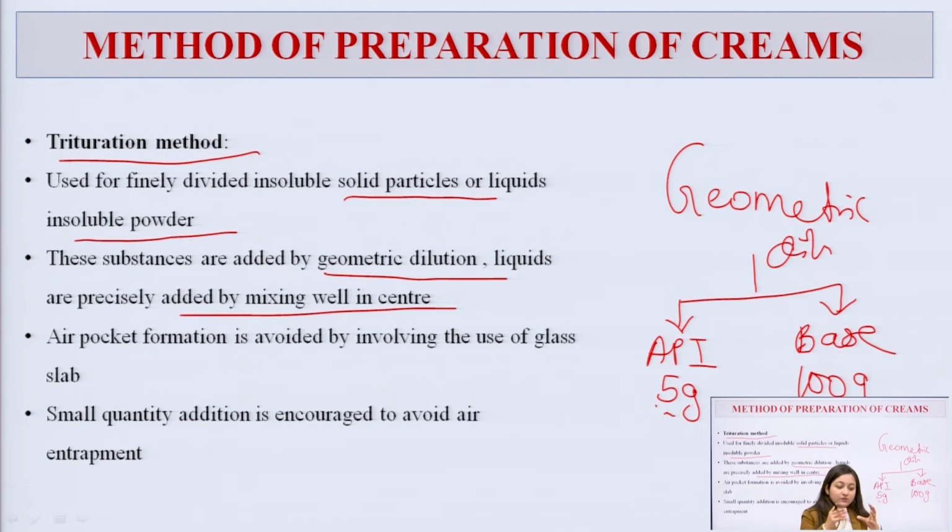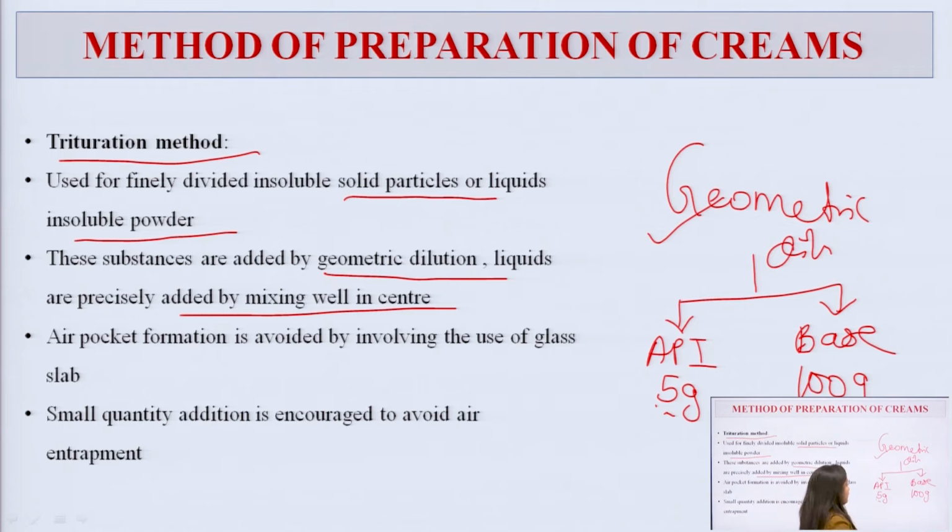Why? Because the base may cause the mixing of API into a particular region only, and the other region may be deprived of API. To avoid that, we always choose the geometric dilution method.